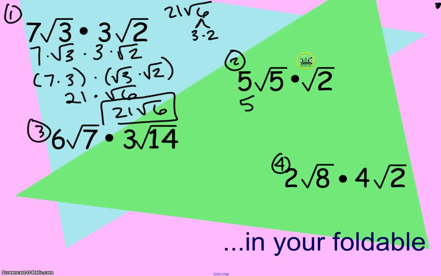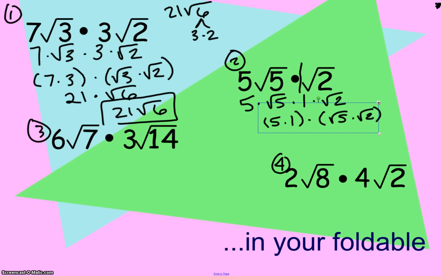5. Remember, if there's no number in front of your radical, it has the invisible 1. So we have 5 times square root of 5 times 1 times square root of 2. Combine like things that you can multiply. Now actually do the math. 5 times square root of 10.